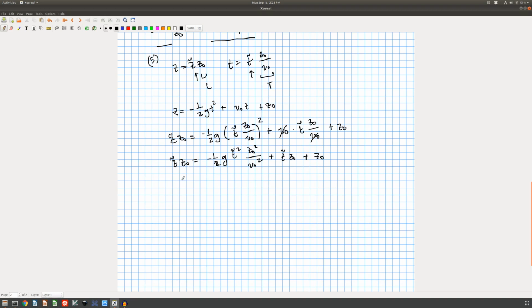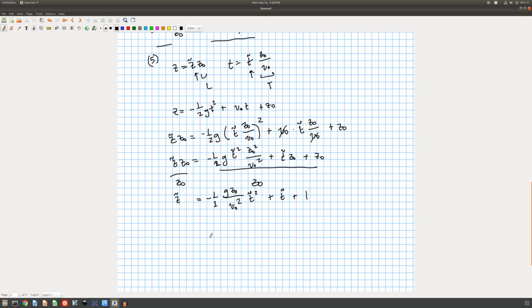Now look, I've got z0's all over the place here, so I am going to cancel them. I'm going to divide by z0 on both sides. z0 over here, divide by z0 over here. So that gives me z tilde over here, and then one z0 cancels there, so I'm going to have minus 1/2, and then I have a g z0 divided by a v0 squared, t tilde squared, plus t tilde plus 1.